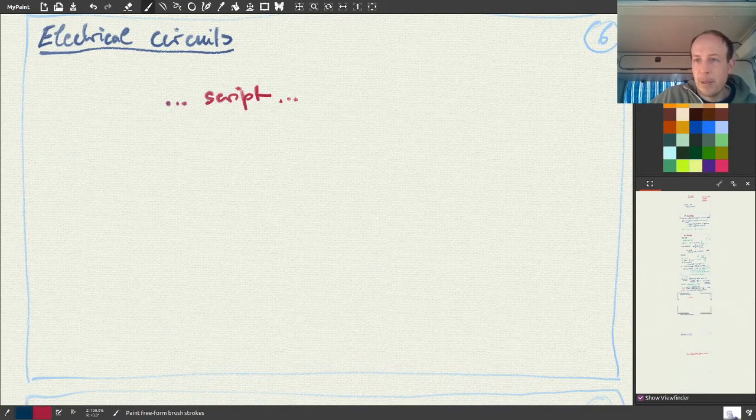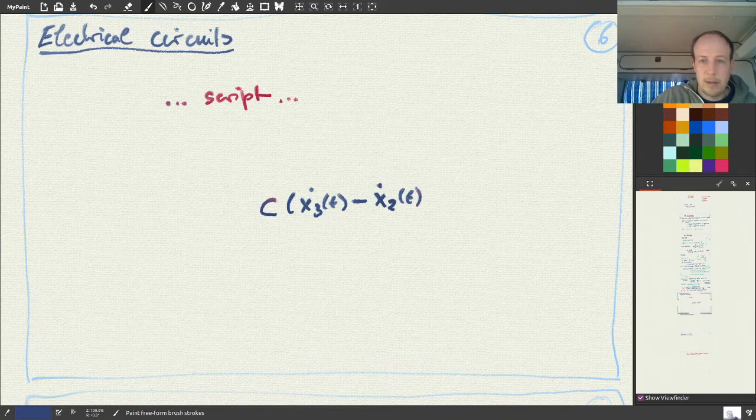But what will come out here is this kind of equation: c x3 dot of t minus x2 dot of t will be minus x1 minus x2 over r.